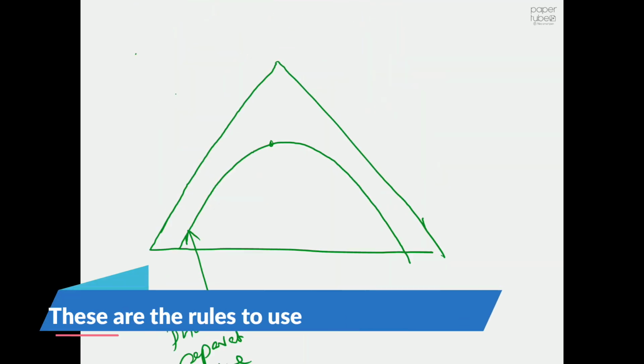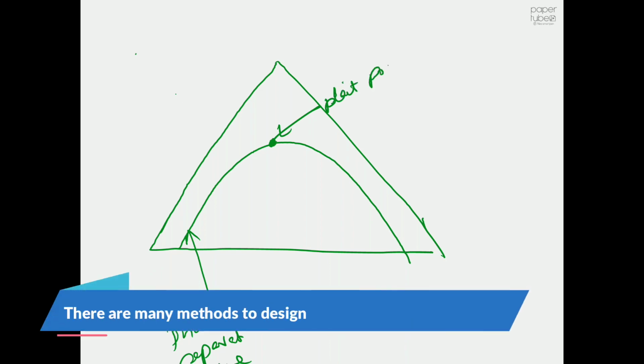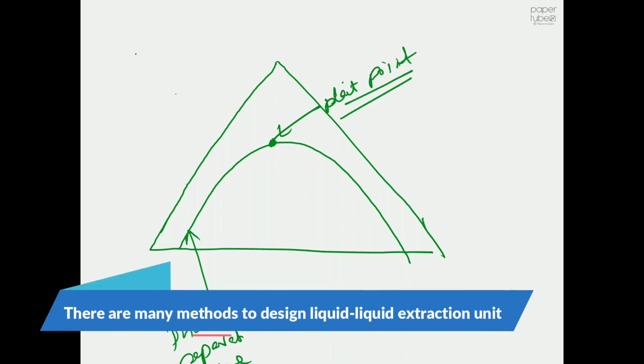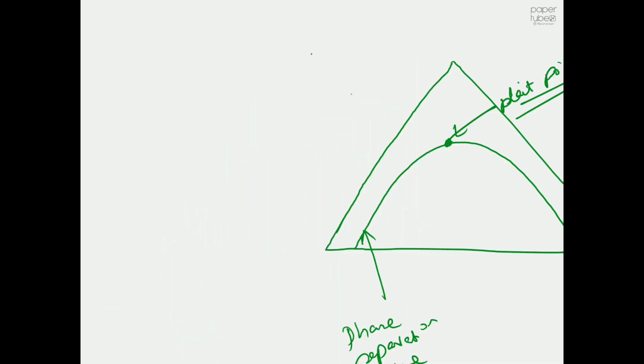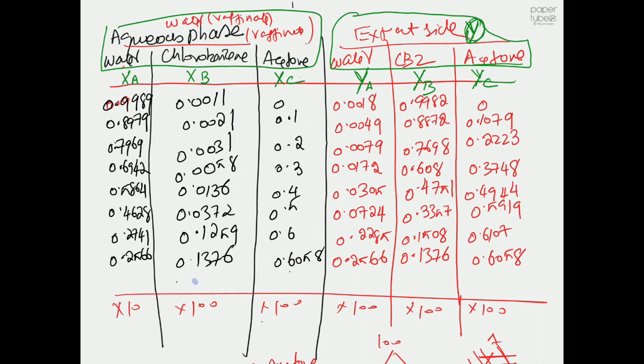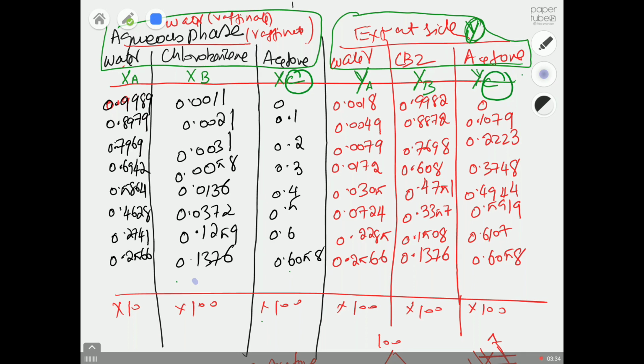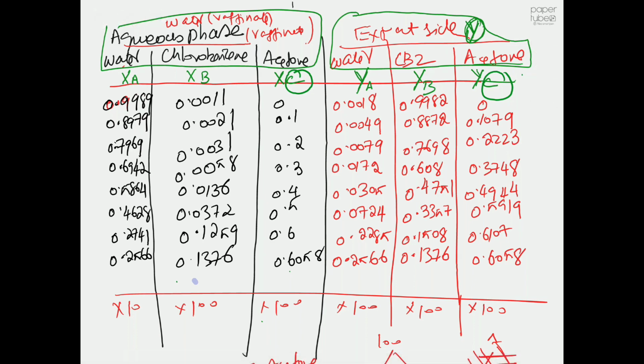And then we will have a plait point, obviously. The plait point is where your solute concentration in the extract and in the raffinate will be the same. If you come to the table, we know C is our solute. Just follow the blue highlighter. This is our solute in the extract side, and this is our solute in the raffinate side.